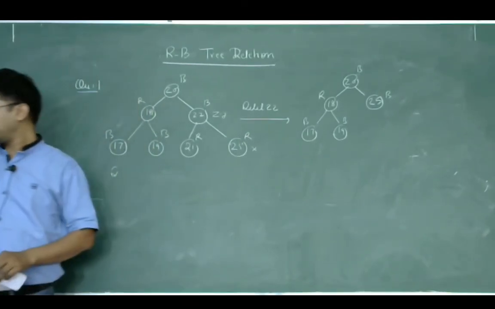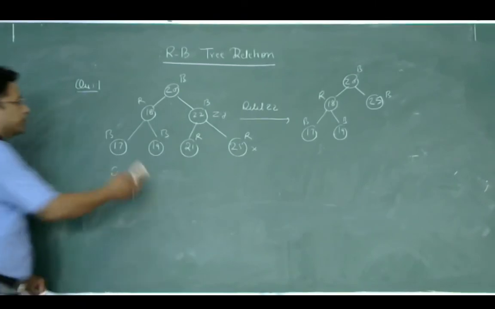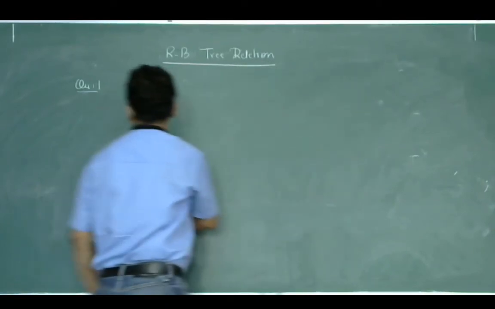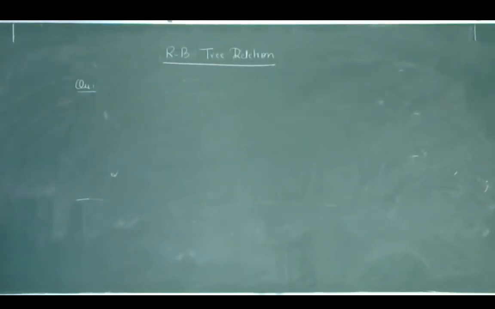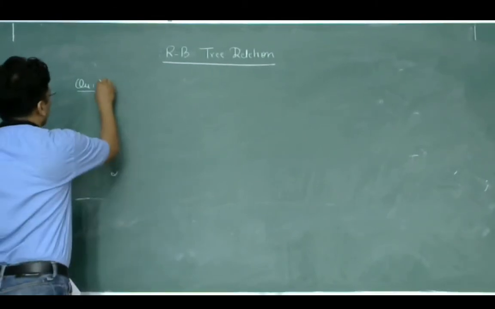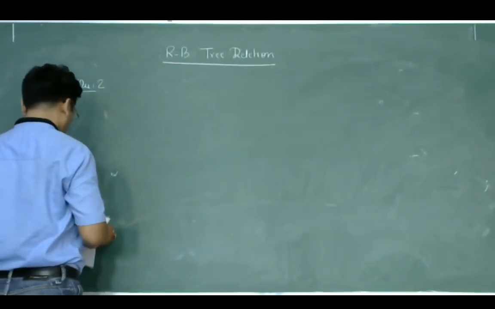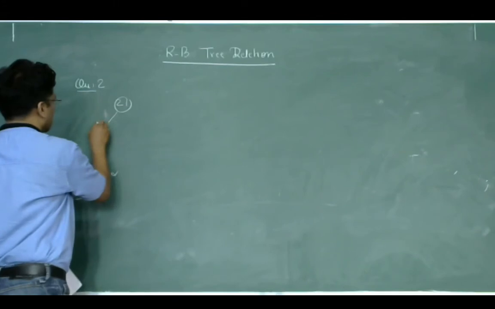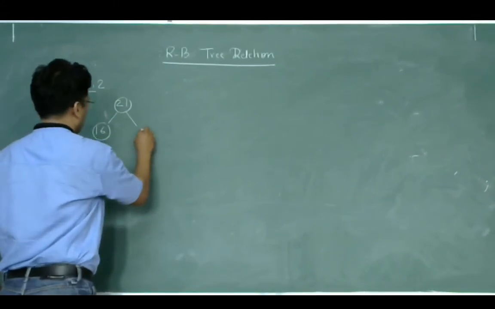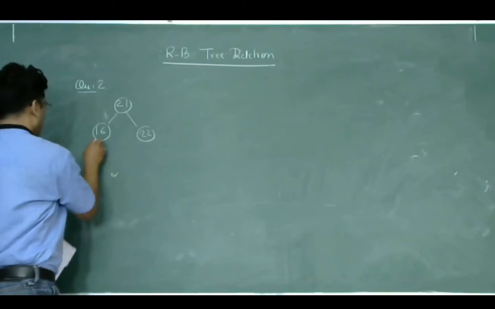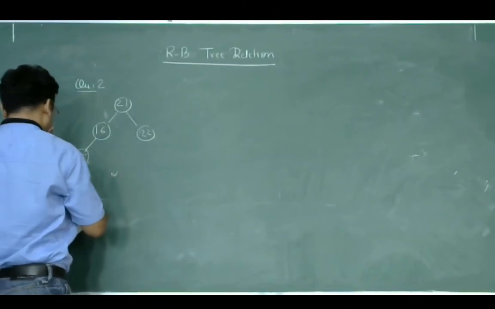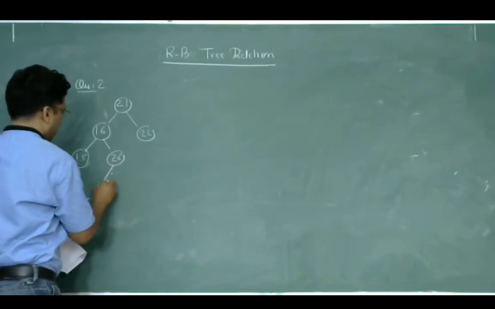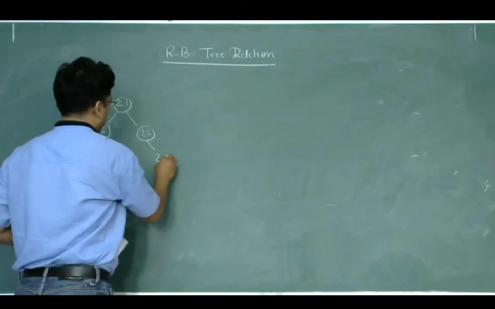Okay, so next question, question 2. The question 2 is 21, 16, 22, 15, 20, 20.